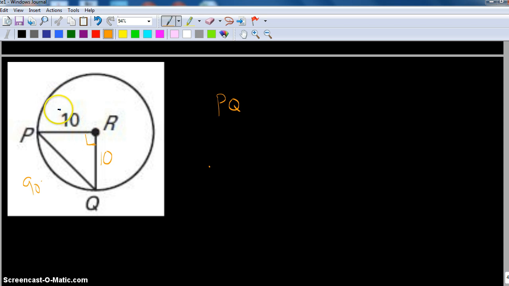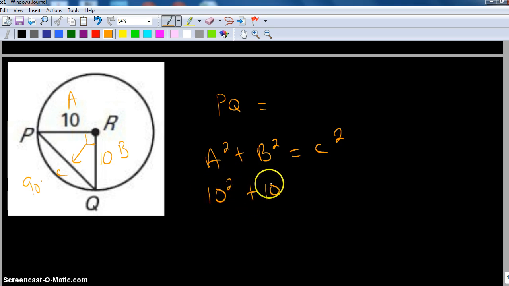Since you have a right triangle, remember this is the C, that'd be your A and that'd be your B. A squared plus B squared equals C squared. Our A is 10, so 10 squared plus 10 squared is 100 plus 100, which is 200, equals C squared.